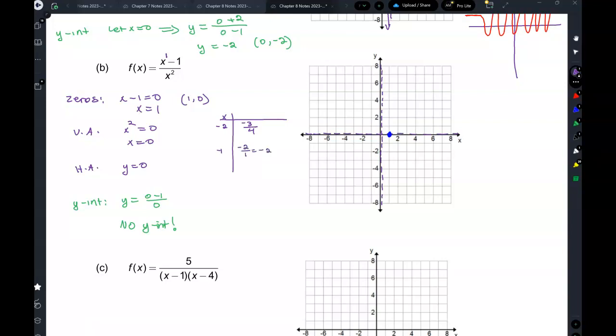So here it's going to be -3/4, and then here -1. Now take a look, this comes down here.